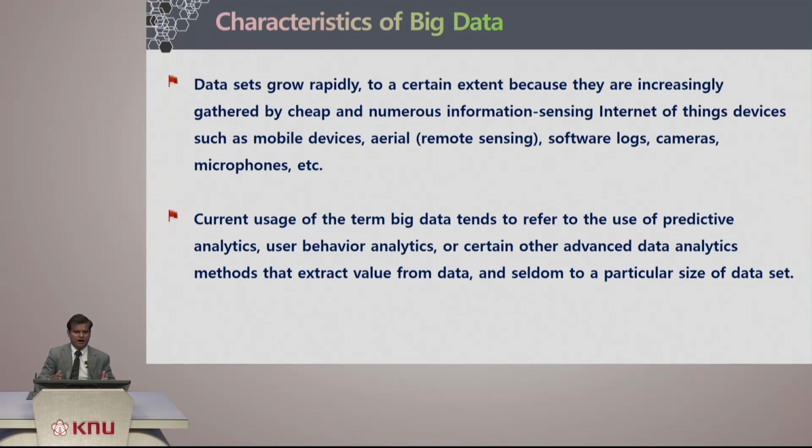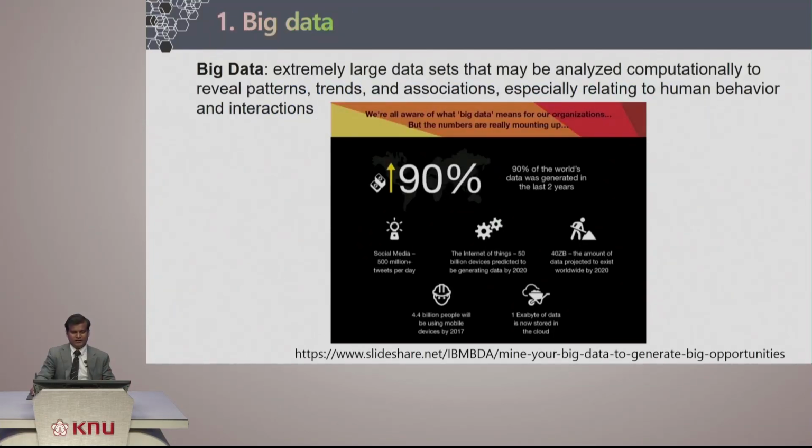There are various other characteristics of data, and in today's lecture we are going to see what they are. Starting from the traditional one, big data is an extremely large data set that may be analyzed computationally to reveal patterns, trends, and associations. That's what the traditional big data definition implies.